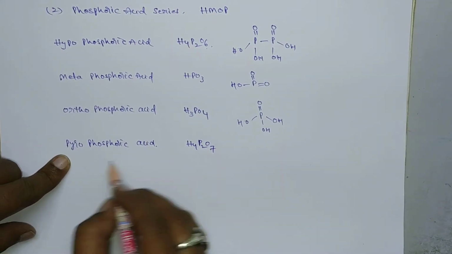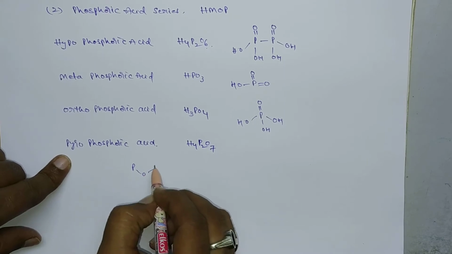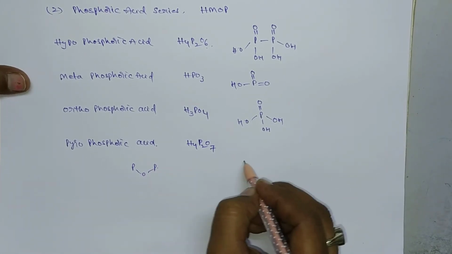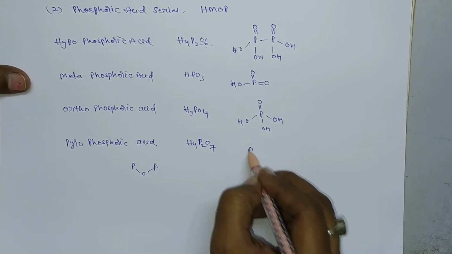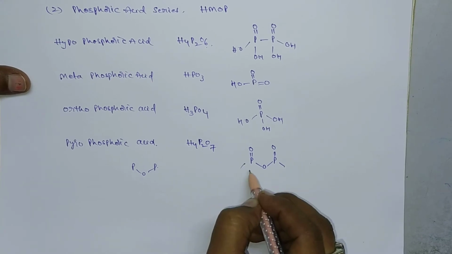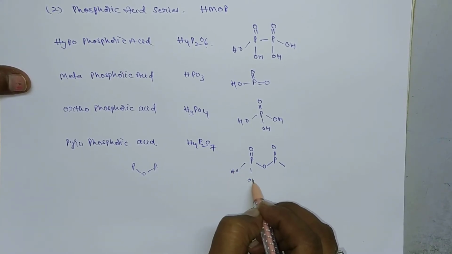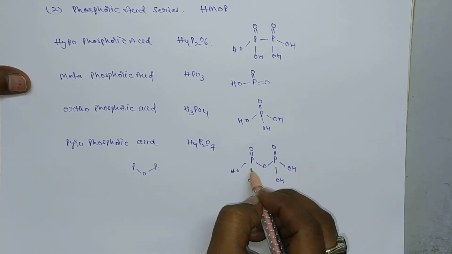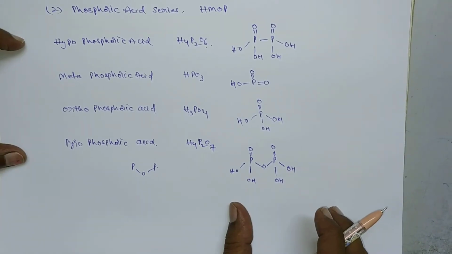Pyro means it should have a POP bond. So pyrophosphoric acid has P double bond O on each phosphorus, with OH, OH, OH and OH. Okay, easy method.